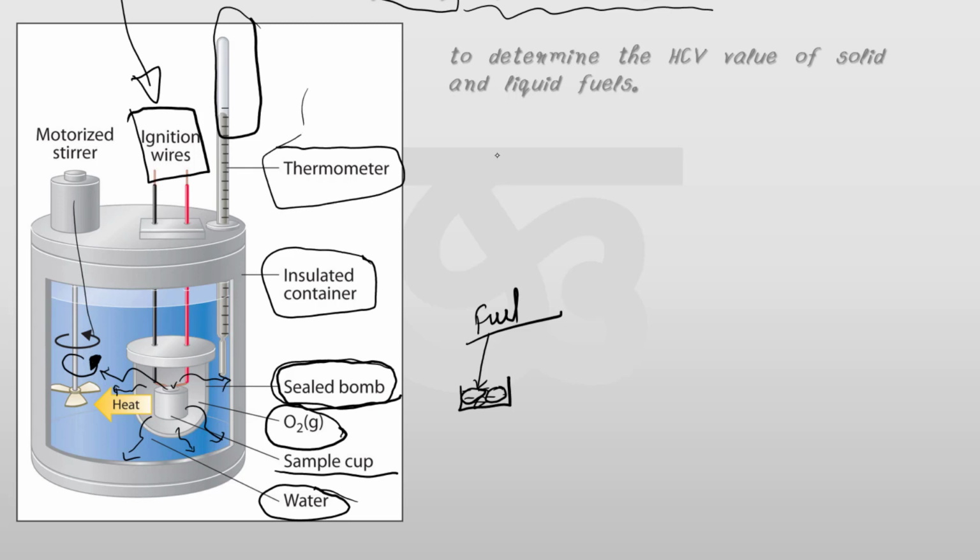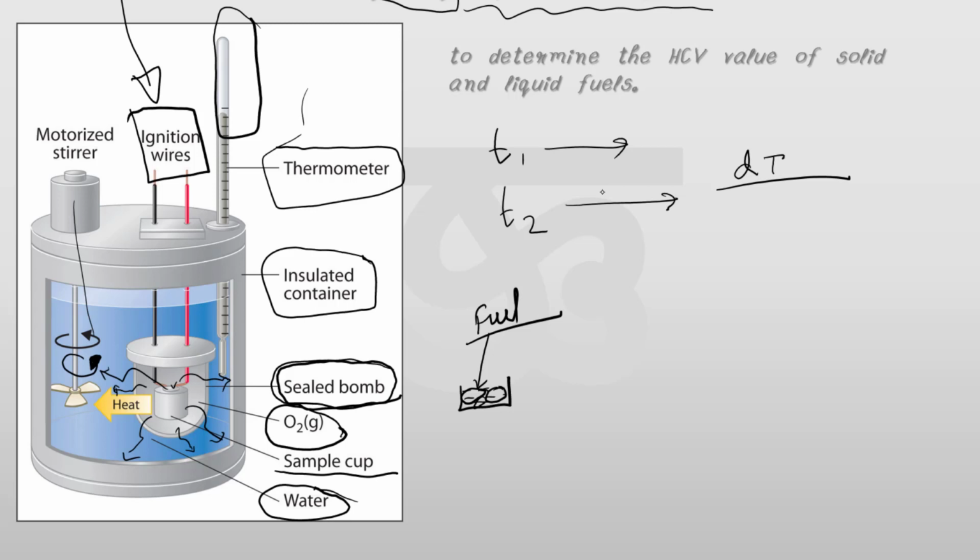So what we get is the initial temperature T1 before combustion and the final temperature T2 after combustion. This will give us the dT. Now just imagine, what is the process? Is the heat addition a constant volume process or a constant pressure process? Someone tell me?